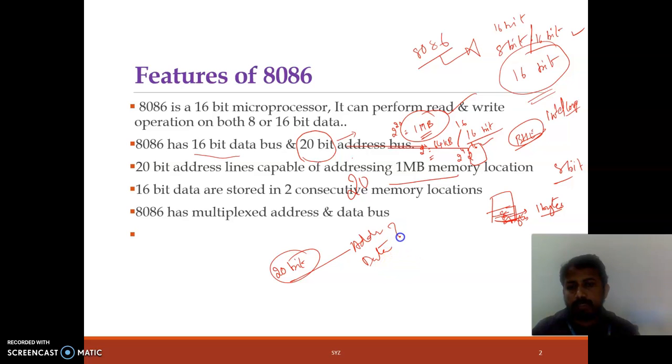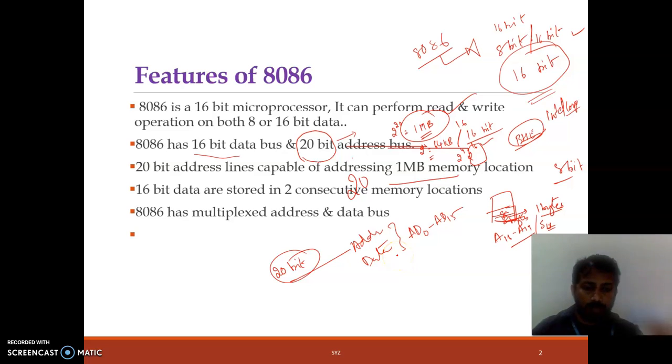That's the reason it is AD0 to AD15, for address and data. The remaining pins, A16 to A19, are used for address, or sometimes for status lines, carrying some information to be used by the other end. All these are multiplexed pins.